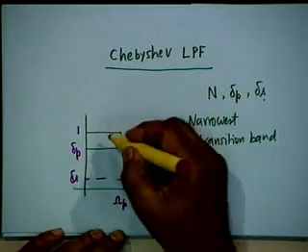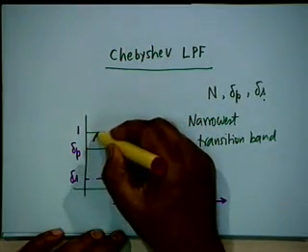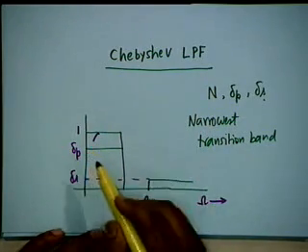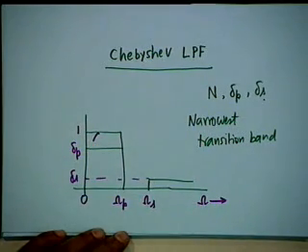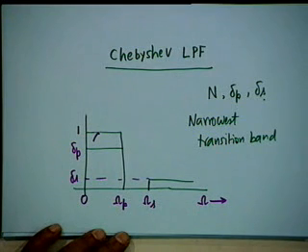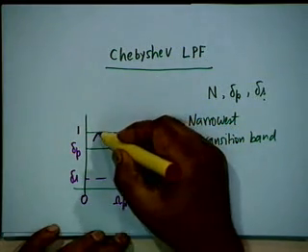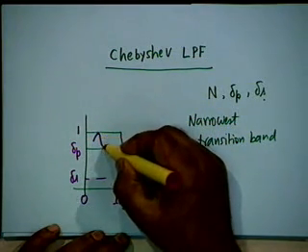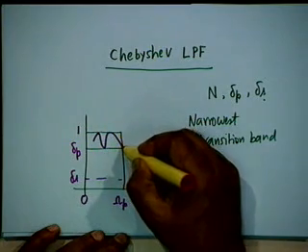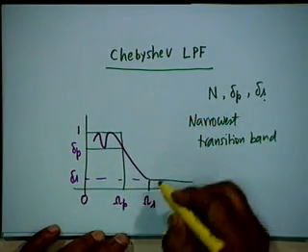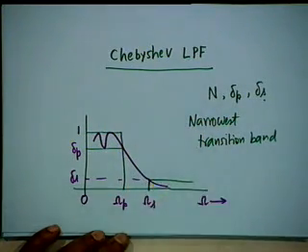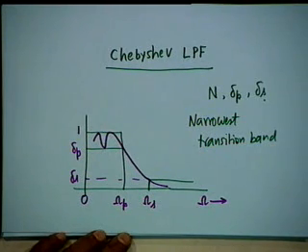It ripples in the pass band, that is something like this. I am intentionally not showing omega equal to 0 because it differs according to the evenness or oddness of the transfer function. So, it ripples and it executes equal ripples in the pass band, and it is monotonic in the stop band. Okay.